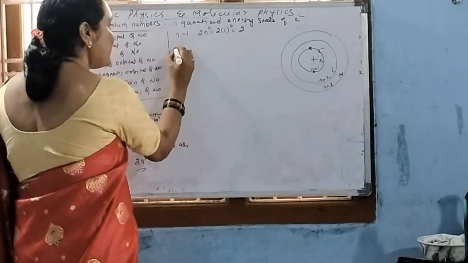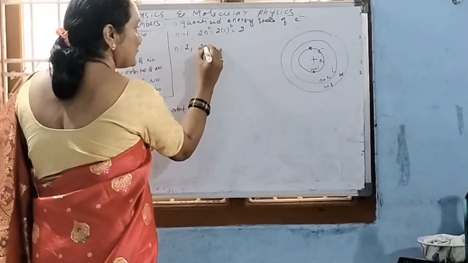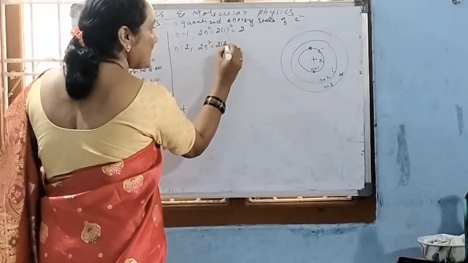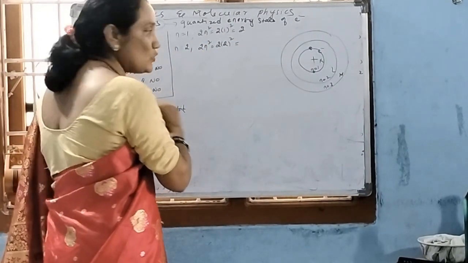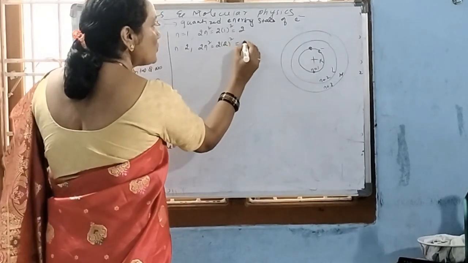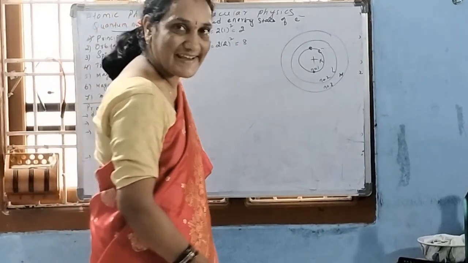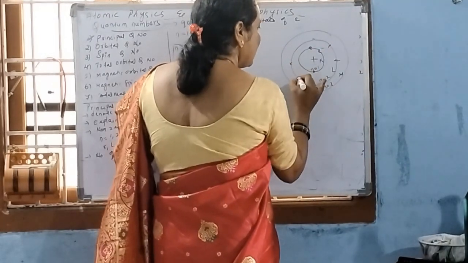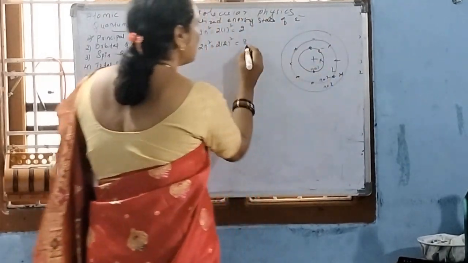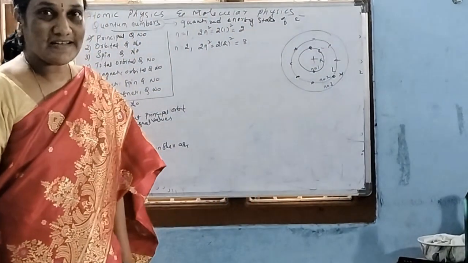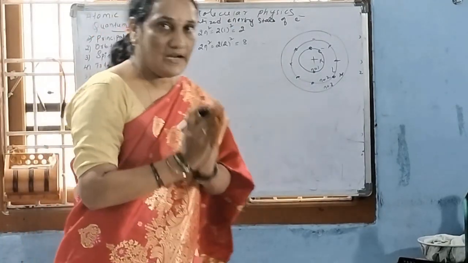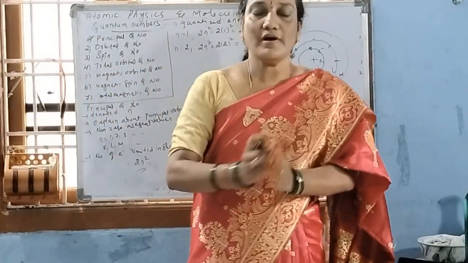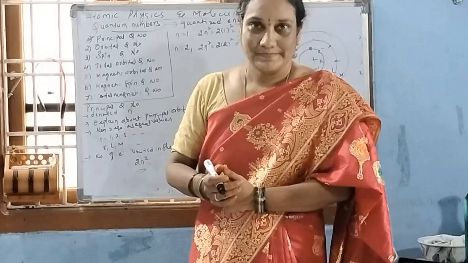Now, if we take the second orbit, how many electrons will be there? 2n square, n equal to 2. So, 2 into 4, 8 electrons will be there in the second orbit. Each orbit is limited in electrons by the formula 2n square.